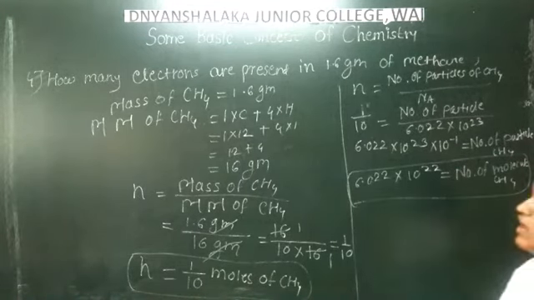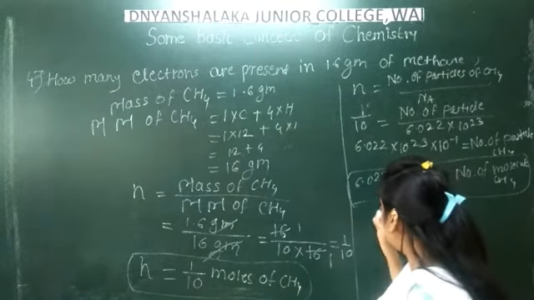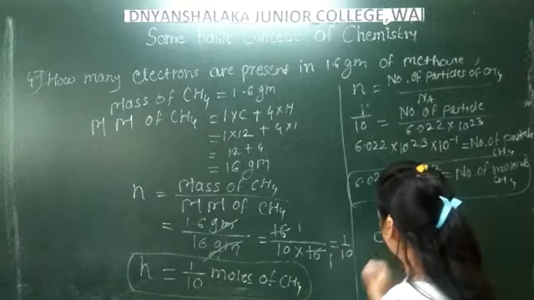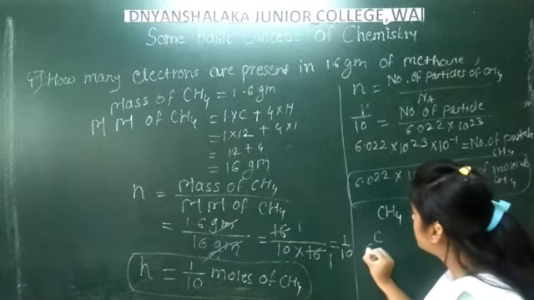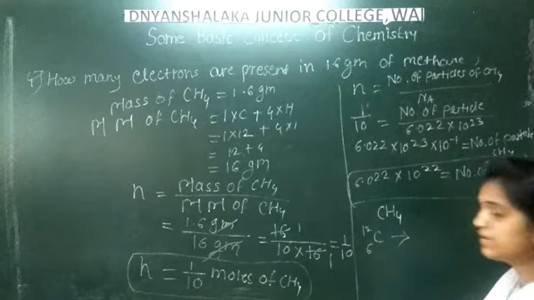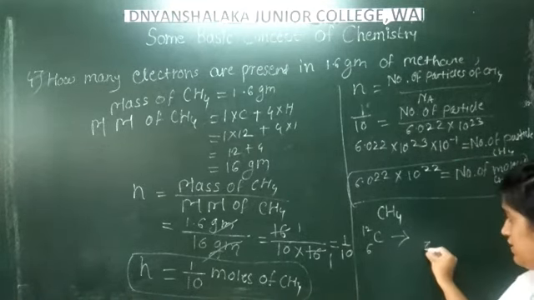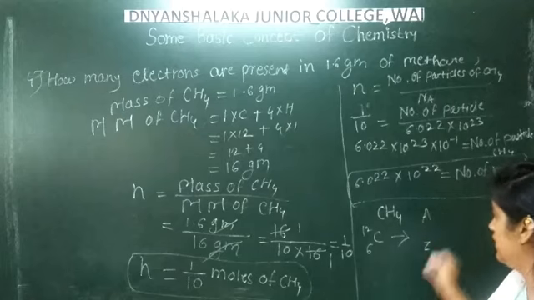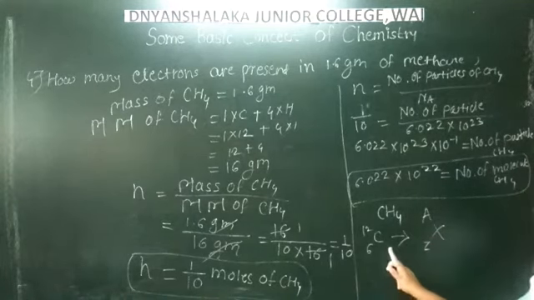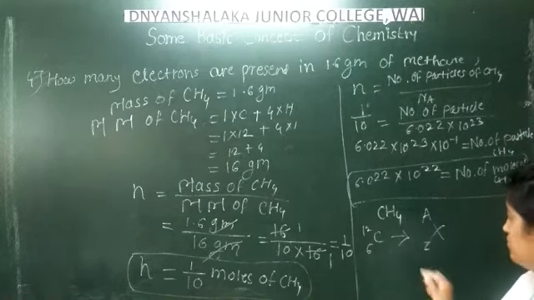Now in this question we have to find out the number of electrons. In the CH4 molecule, first the carbon element: carbon has atomic number 6 and atomic mass 12. Here X is the element, Z is the atomic number, and A is the atomic mass number.